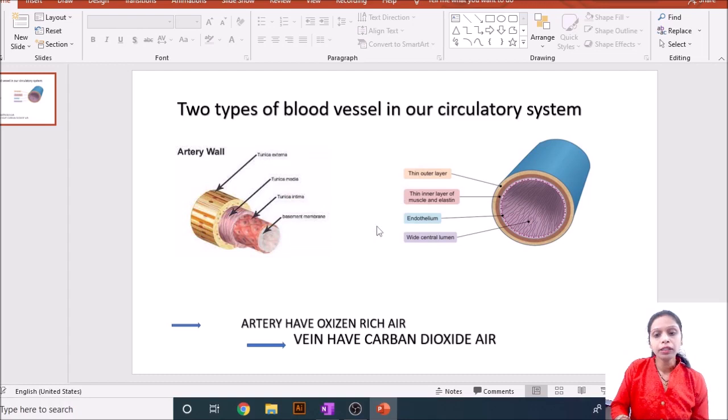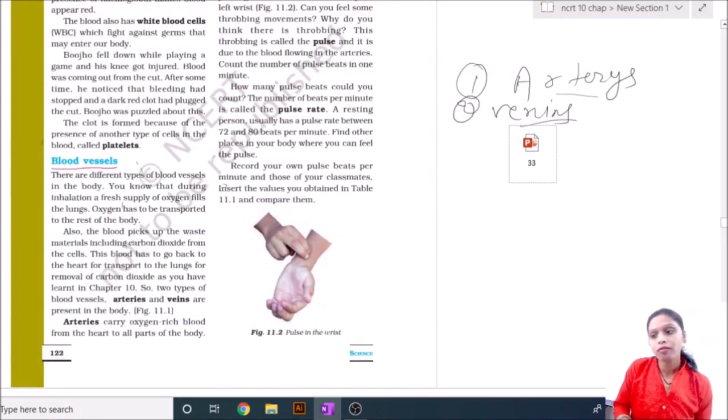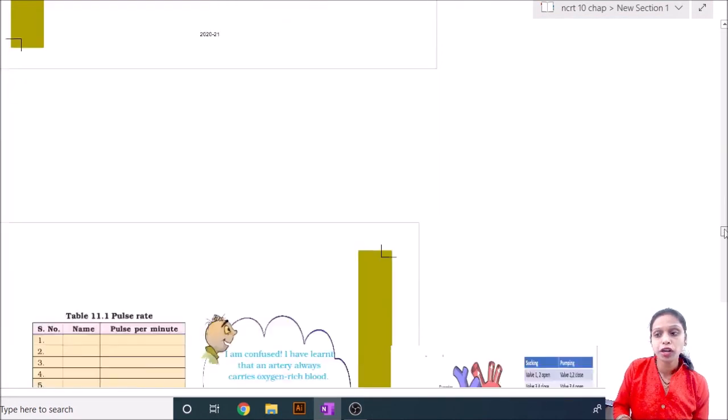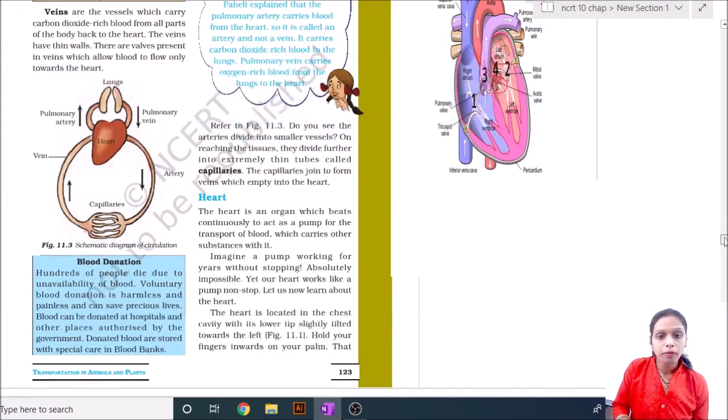Okay, now the next point of our circulatory system is the heart.